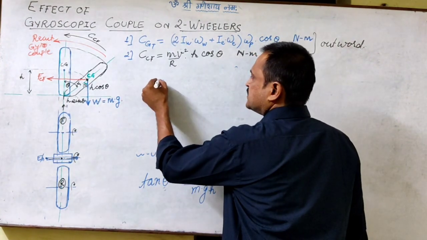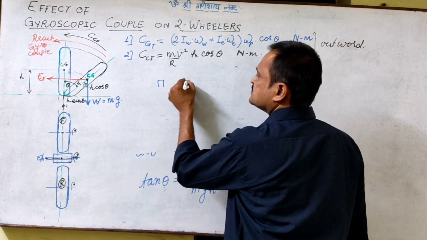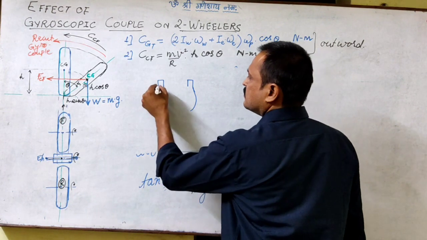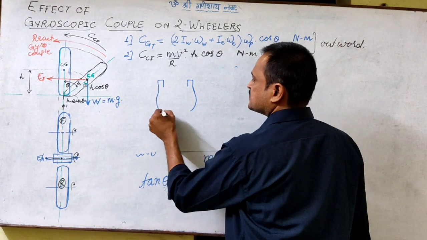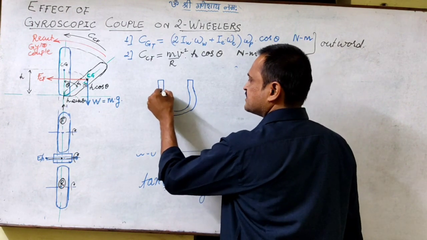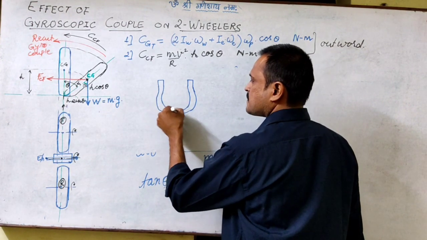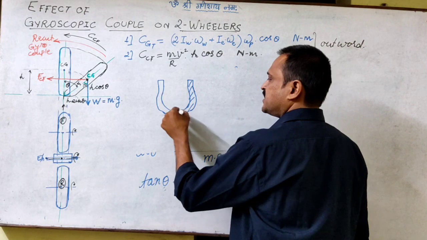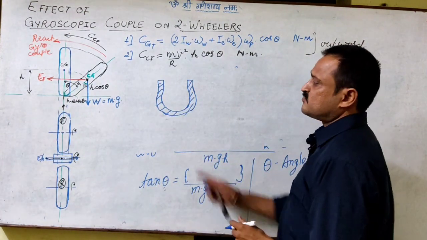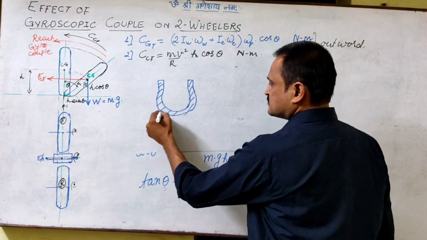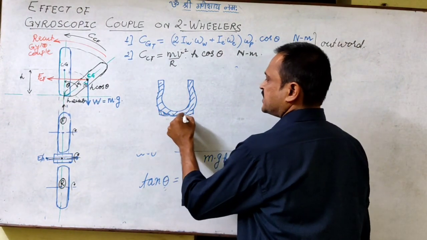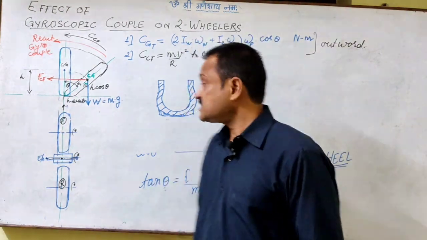So if I try to show the cross section, say this is the cross section of a tire. If you just try to remember the cross section of the tires of the olden two-wheelers or the bikes, you'll see that these are somewhat like this, right? So here is the tread. This is the tread portion of the tire.